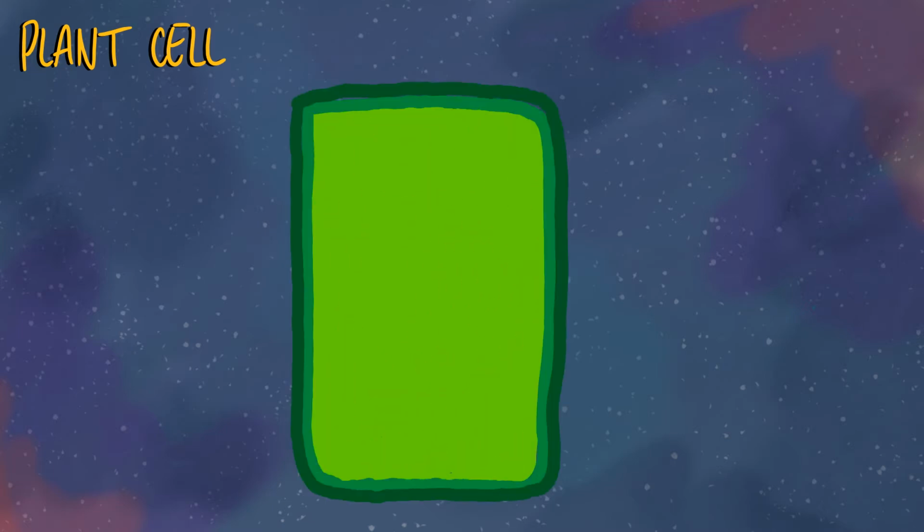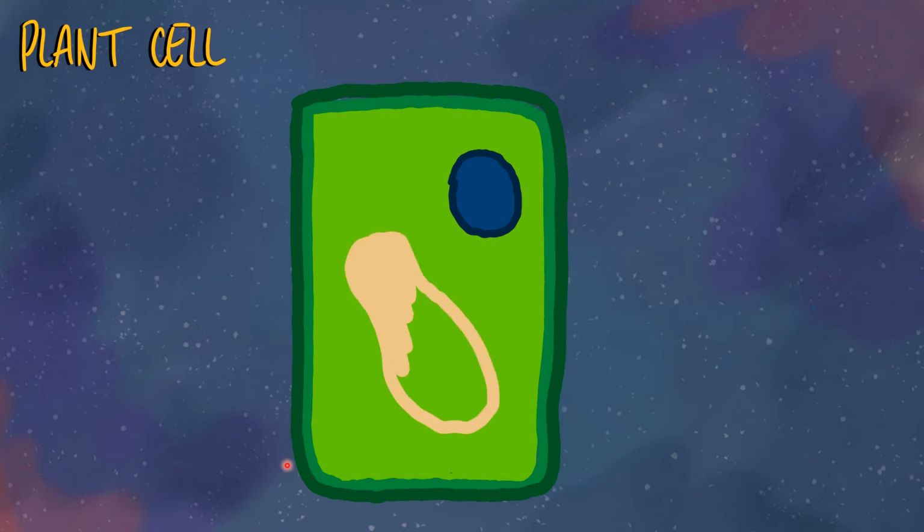Okay, plant cell. So again, draw this along with me, please. So you've got a rectangle, and then you've got a line on the outside, and then another line on the outside. Okay, you need to draw a big circle. So we should know from doing the animal cell that this is a nucleus.